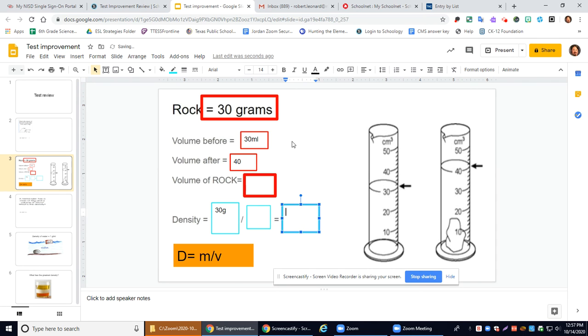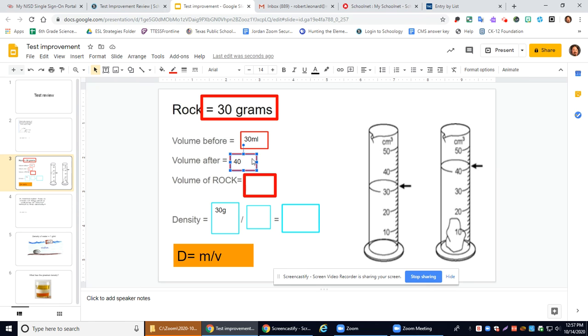All right, so we're looking for the density of this rock. If the rock has a mass of 30 grams, first question we have is what is the volume, and then calculate the density. So the first thing, to get the volume, we drop the rock in the water. It was at 30 milliliters, and after we drop the rock in the water, it rises to 40.